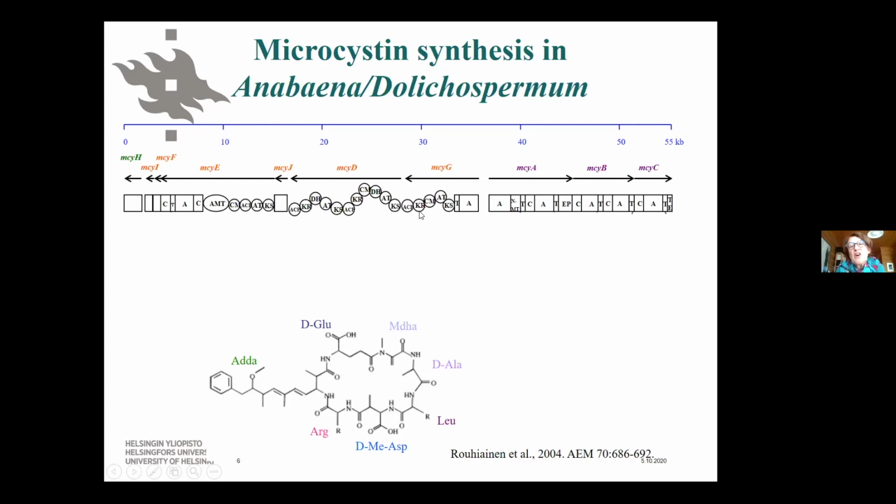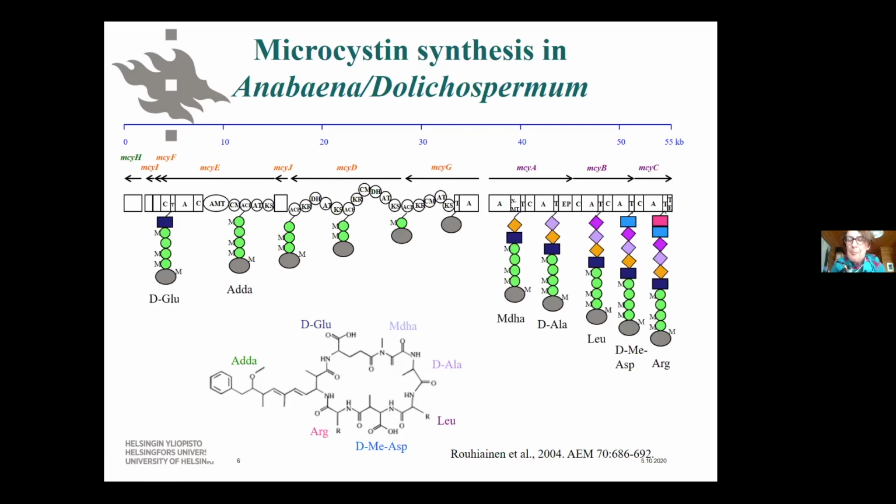These genes code for enzymes, where the balls represent polyketide synthases and the squares represent non-ribosomal peptide synthetases. The synthesis starts from the ADDA amino acid, then each amino acid is added, and finally this thioesterase domain makes the compound cyclic.